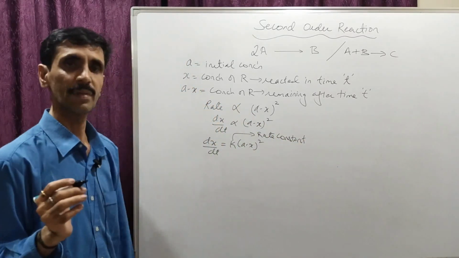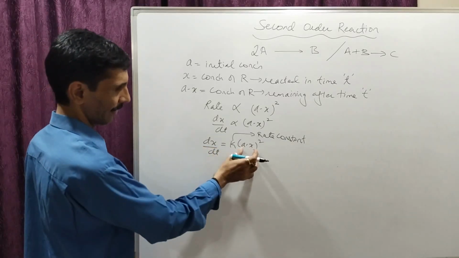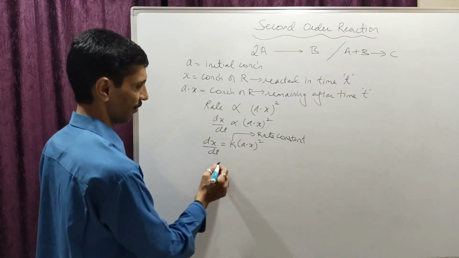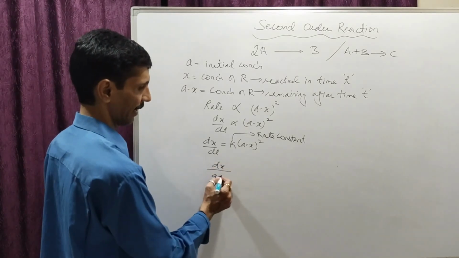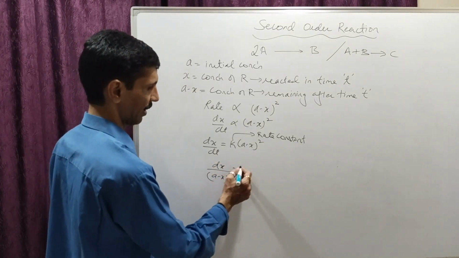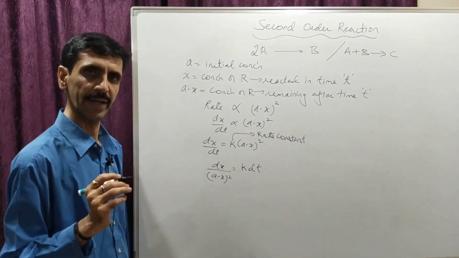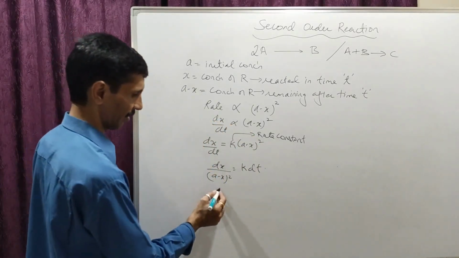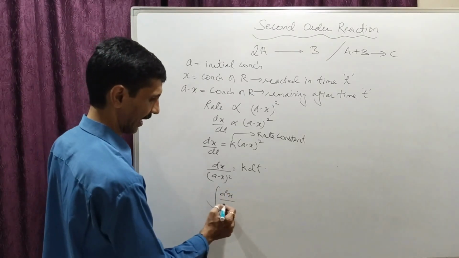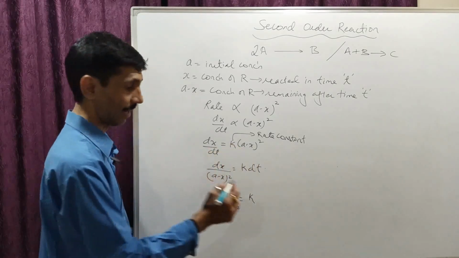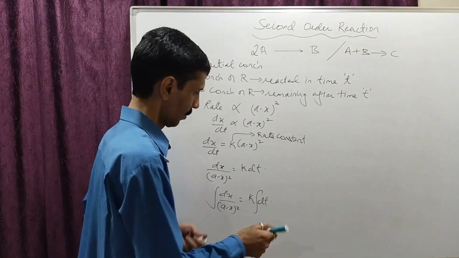Okay, now what will we do? A minus X the whole square will be on the left hand side, dt we take on the right hand side. So we get dx upon A minus X the whole square is equal to k dt. Alright, now we'll do the integration of this. So integration of dx upon A minus X the whole square equals k, a constant, so it's outside the integral sign, dt.